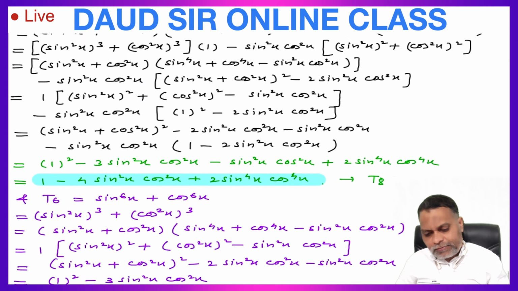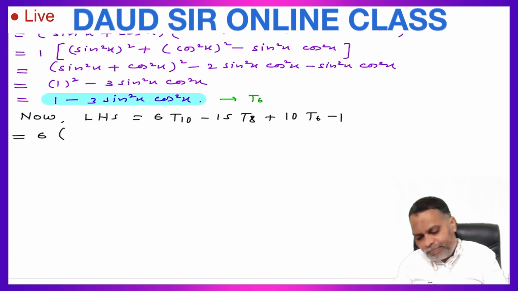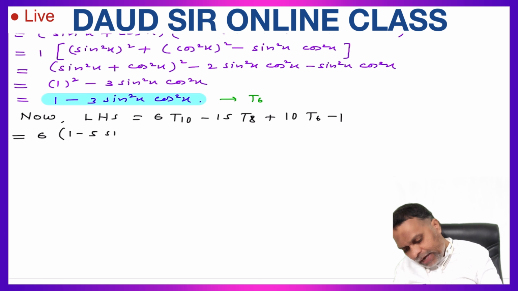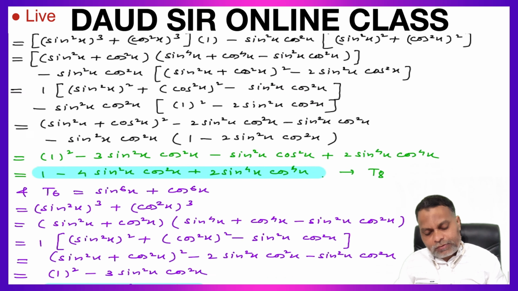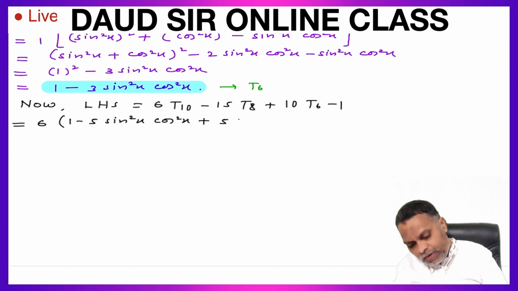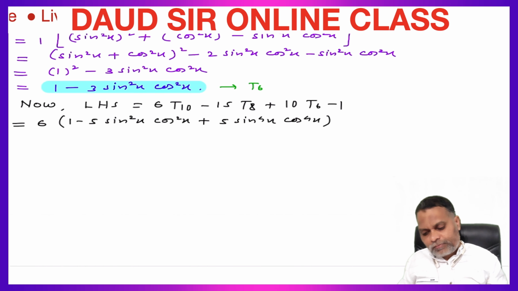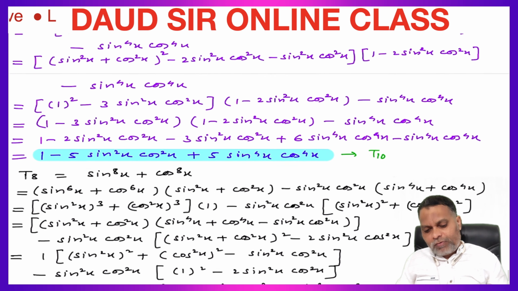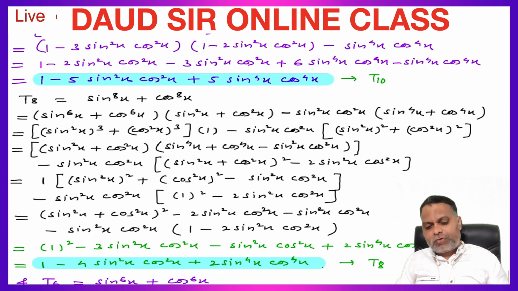So 6 t10. T10 is 1 minus 5 sine square x cos square x plus 5 sine raised to 4 cos raised to 4. Check one more time: 1 minus 5 sine square x cos square x plus 5 sine raised to 4x cos raised to 4x.